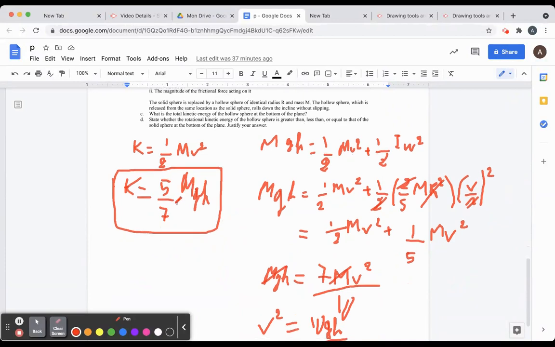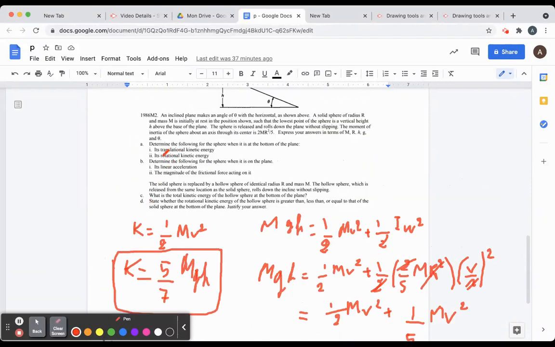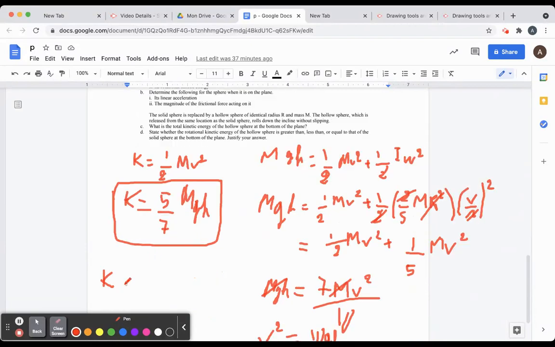And for A2, we know that the rotational kinetic energy, as mentioned before, is 1/2 I omega square.